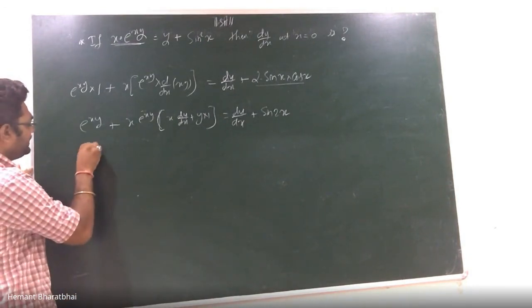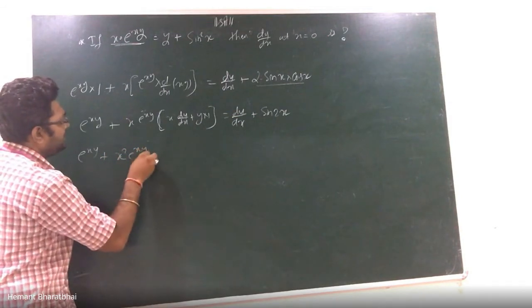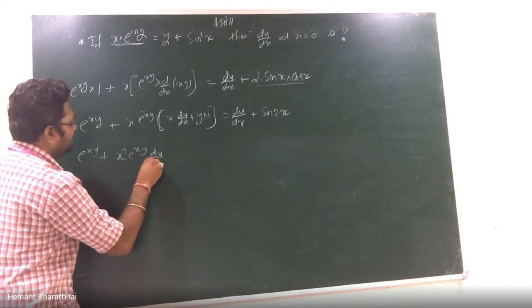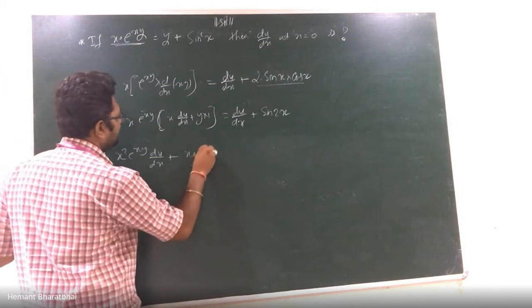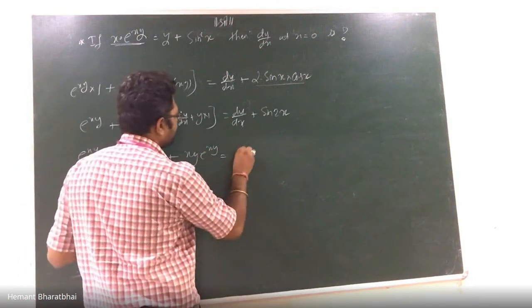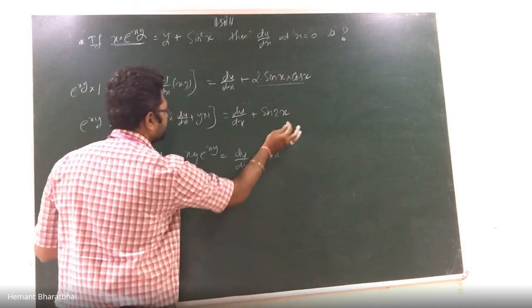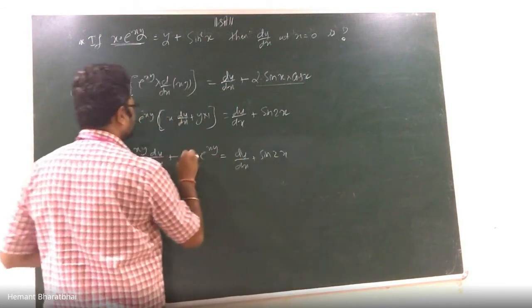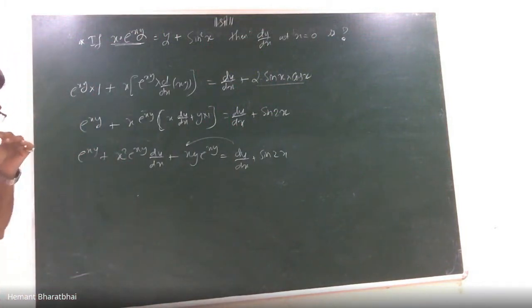So I'll get e raised to xy plus x square into e raised to xy dy by dx plus xy into e raised to xy is equal to dy by dx plus sin 2x. So dy by dx terms on one side and all the other terms on other side.